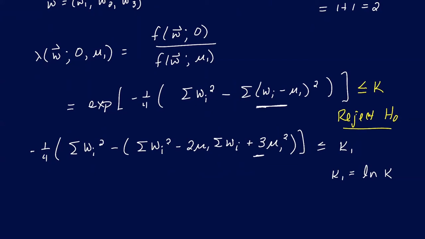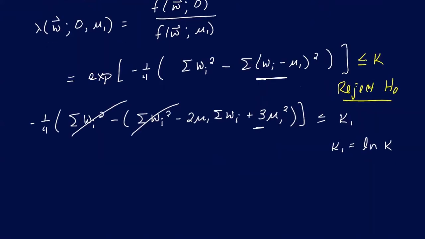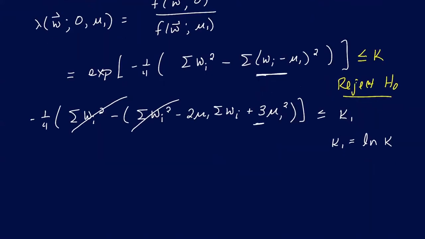Okay, so in this expression, I do get cancellation of these, and I am left with, at this point, you could divide this over or you can distribute it. I think I'll just divide it over. And because I'm dividing by a negative, this inequality is going to flip.